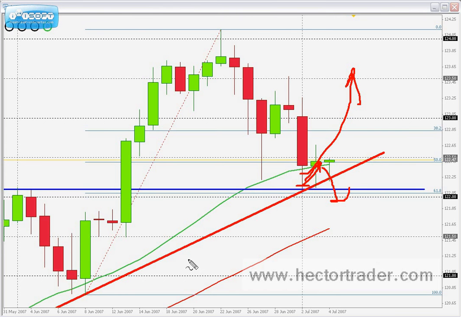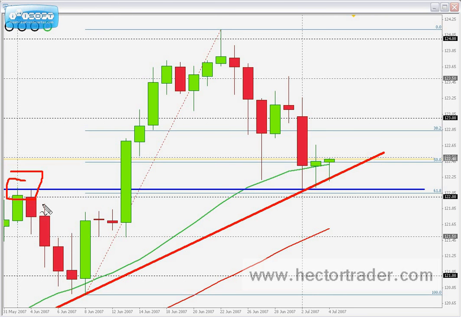That's the idea. Always in the direction of the trend, guys. It's important. You must have the market inertia on your back. You must have the wind blowing on your back, pushing you in the direction of the trend. So once again, it's crucial to spot a strong level of support.